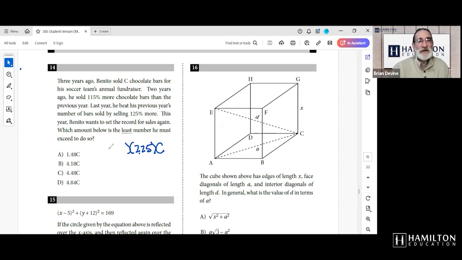And then he bested that by 125%, so that would be 2.25 times 2.25 times C. And if I take this product here, I get 4.84 times his original or least number that he sold. So that directs us straight to D as the correct answer. Now, was the wording kooky in this? Yes, it was, but expect that on SAT mathematics.